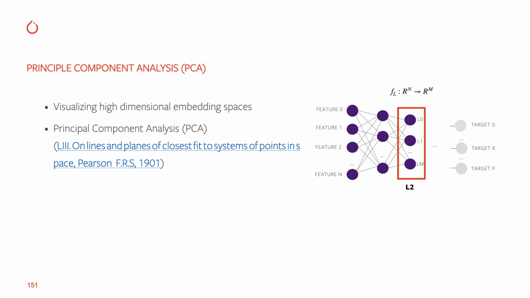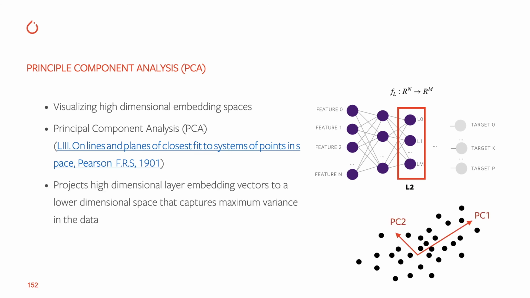Principal component analysis, also known as PCA, helps us to reduce the dimensionality of our high-dimensional embedding vectors. It projects high-dimensional embedding vectors into a lower dimensional space that captures maximum variance in the data by converting a set of possibly correlated variables into a set of linearly uncorrelated variables.